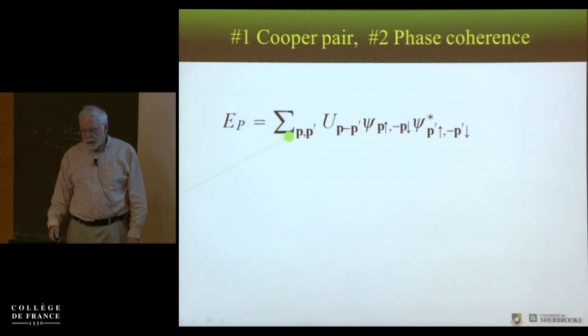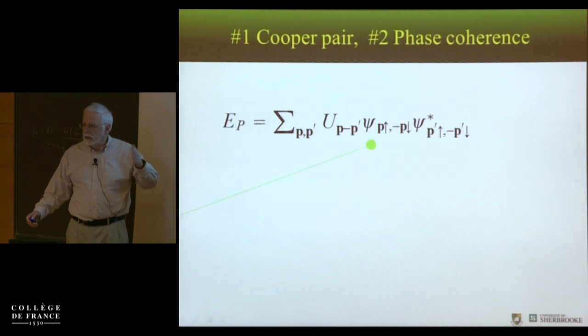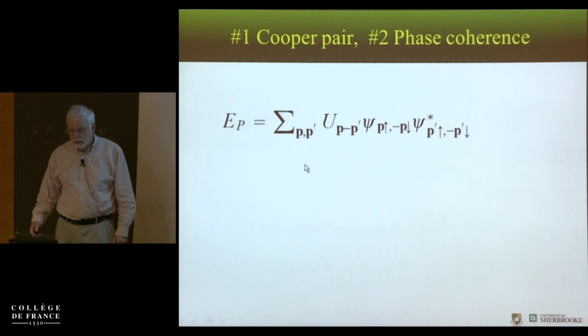If you just look at the potential energy, if U is negative, attractive, then you can gain a lot of potential energy by having the same phase for destroying a pair and creating a pair. If the phase depends on P, they will be scrambled and you will not gain as much as you could if they had the same phase.